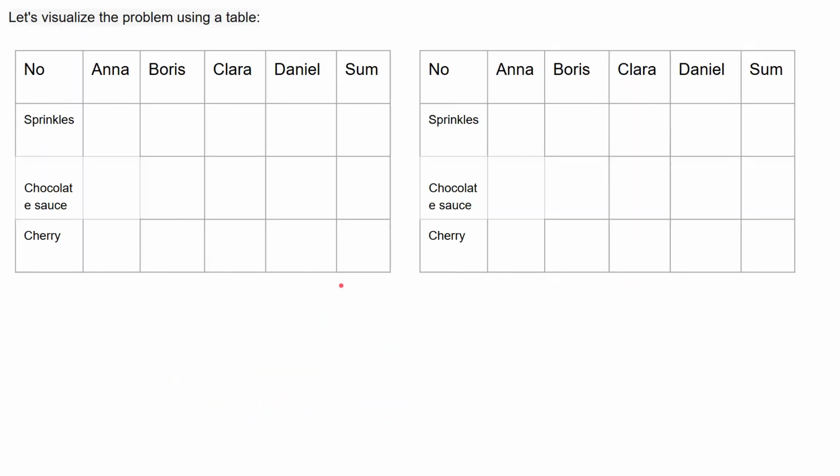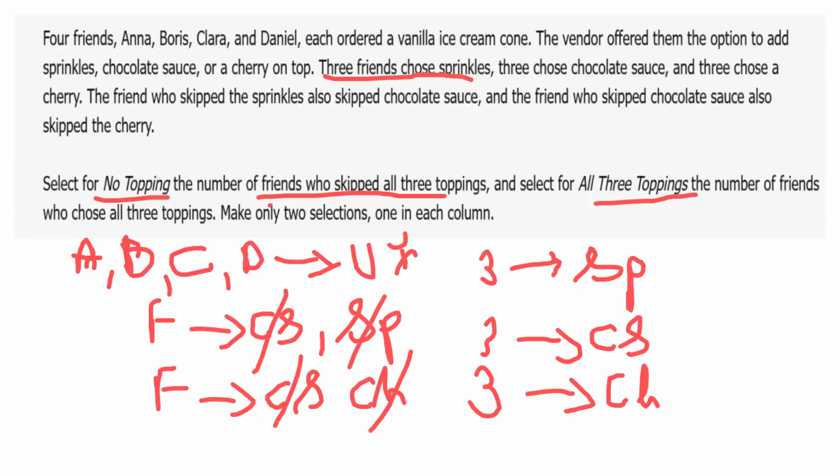So how to solve this? Coming to solving this, we'll have to visualize it. So I have created a data table here. Now let us go ahead and try to fill the data table. So what do we know? We know that three friends chose sprinkles.